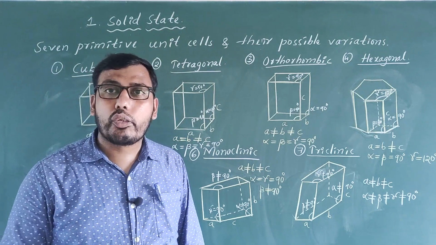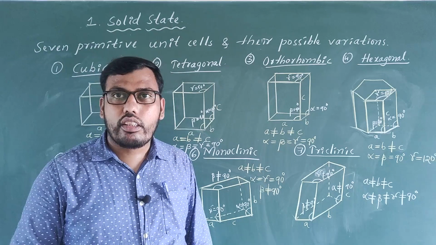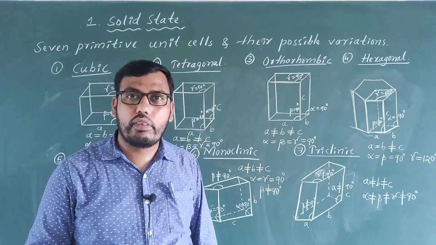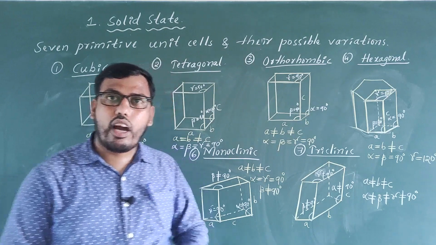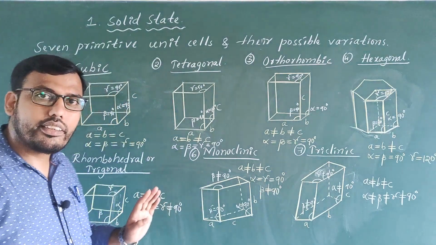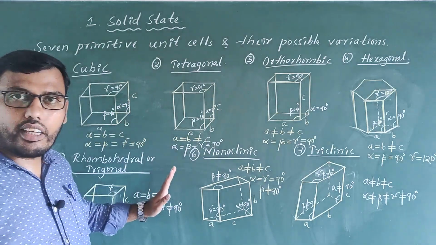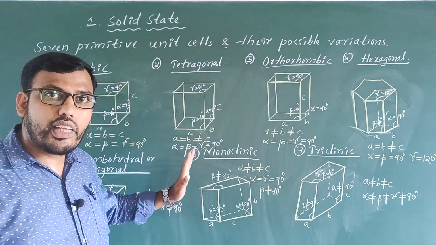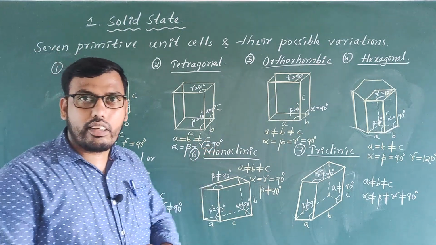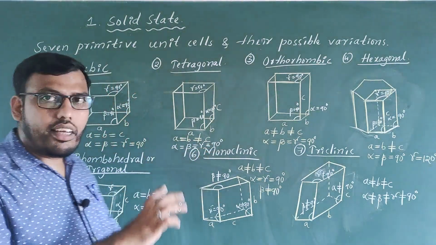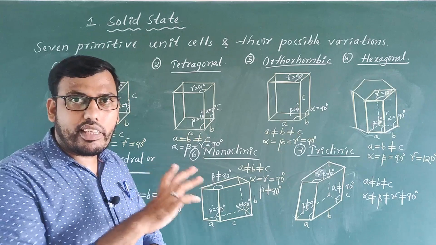Now they show the different possible variations, which are also known as Bravais lattices. Now I am going to summarize all these unit cells in a single chart so that we can study in a systematic way.